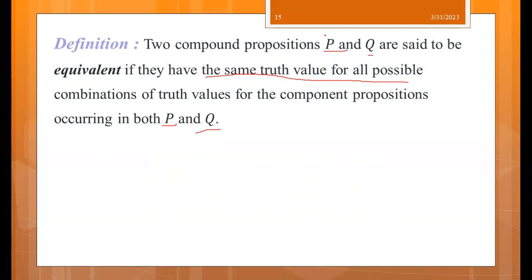That means these two compound statements will become equivalent if and only if they have the same truth value for every assignment of truth values to the simple components involved within the compound statements themselves, P and Q. But if there exists at least one possibility for these two compound statements to have different truth values for the same assignment, then that is a sufficient condition for these two propositions not to be equivalent.